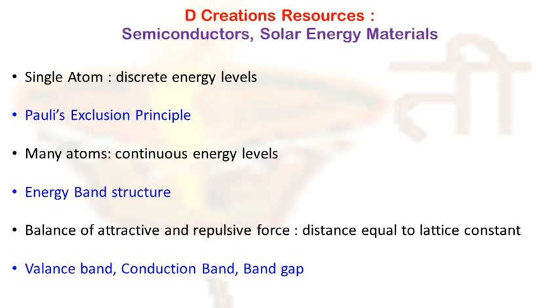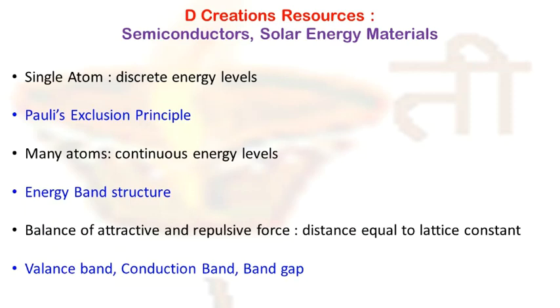So now in a crystal of n atoms there will be 4n energy states in the conduction band and 4n states in the valence band. Now in a crystal of n atoms which has 4n valence electrons, out of the total 8n states, 4n can be occupied and 4n remain empty.